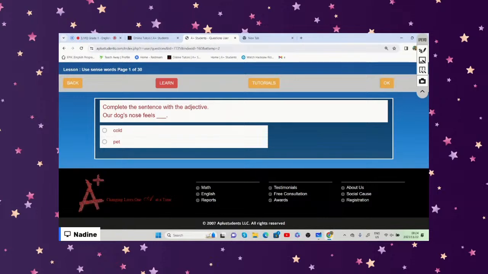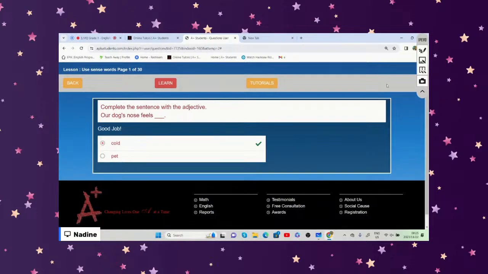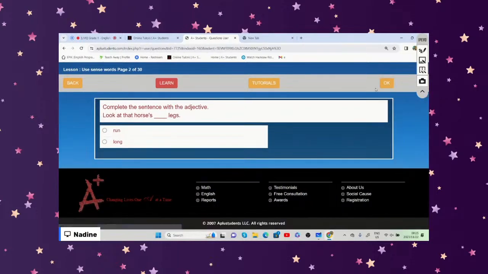Yes, so we can say the dog's nose feels cold, right? Because that is based on what we have here on the test. So we can say the dog's nose is cold. And cold is correct. So well done, guys.